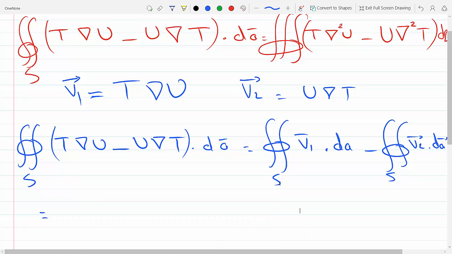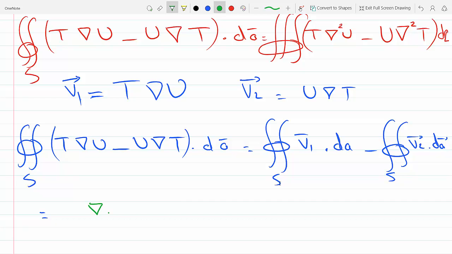The surface integral of V1 dA becomes the volume integral of the divergence of V1 d tau.